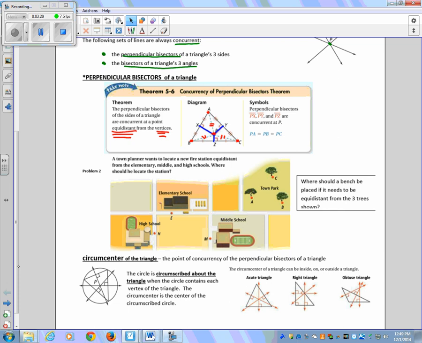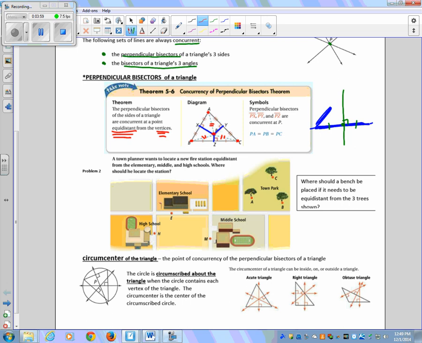So if you take a triangle, any triangle, and you consider each side a segment on its own. In fact, sometimes it helps to kind of ignore the fact that it's even attached to a triangle. Make the perpendicular bisector of that segment. Right? And then look at the next side of the triangle.